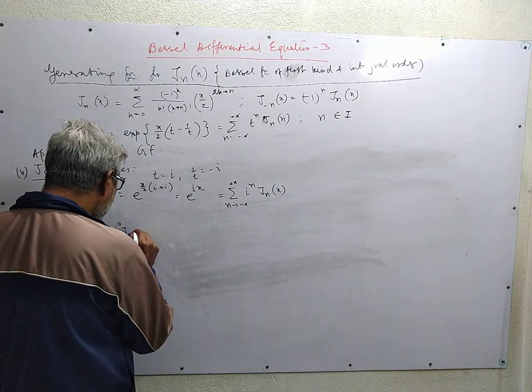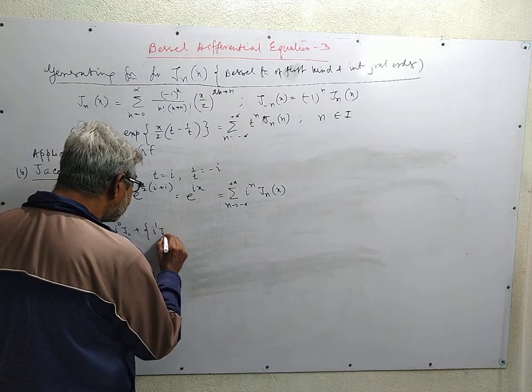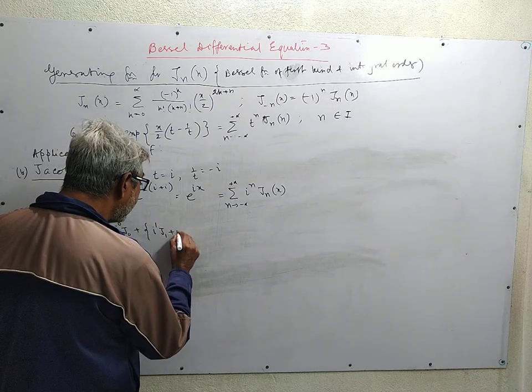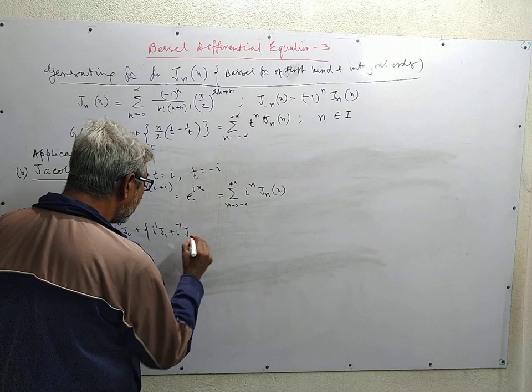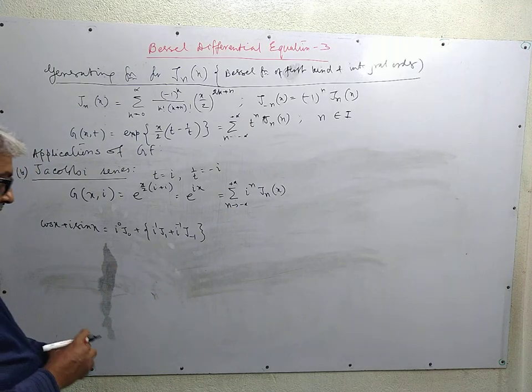Then we have i^1 J_1 plus i^{-1} J_{-1}. This is the contribution when n is equal to plus or minus 1.